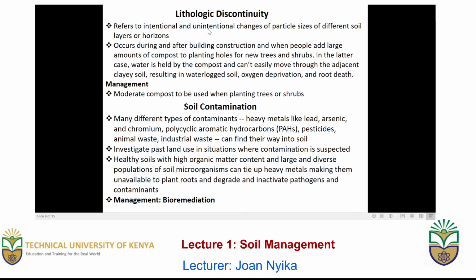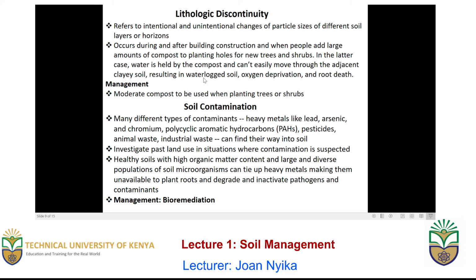Hydrologic discontinuity is another common problem of soil, which refers to the intentional and unintentional changes in the particle sizes of different soils at various horizons. This occurs during the development of soil, such as the turning during construction, where large amounts of soil are turned and returned so that the soil profile is no longer in its original shape.